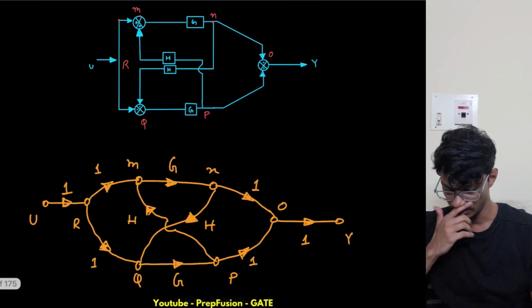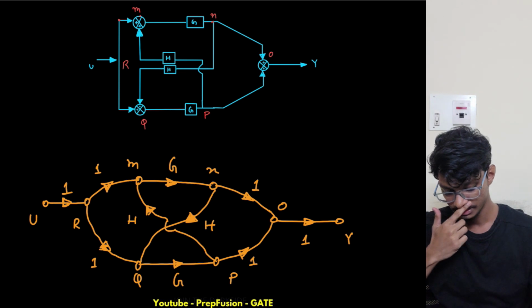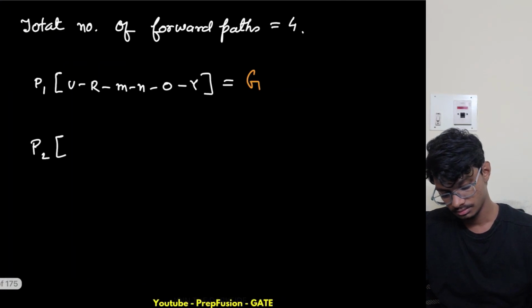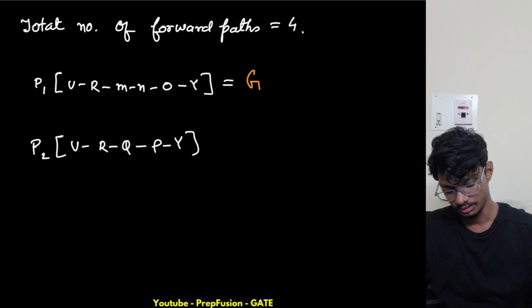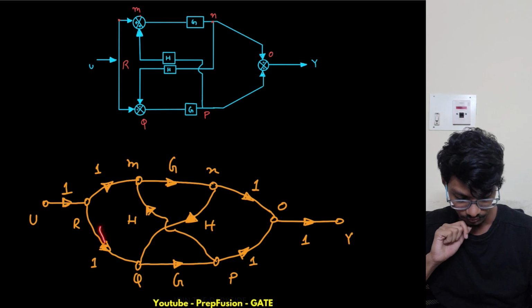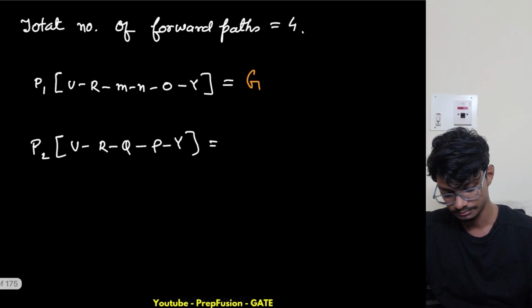What is the route of the second path? It is U R Q P Y. What is the gain of that path? 1 times G times 1, which is G.